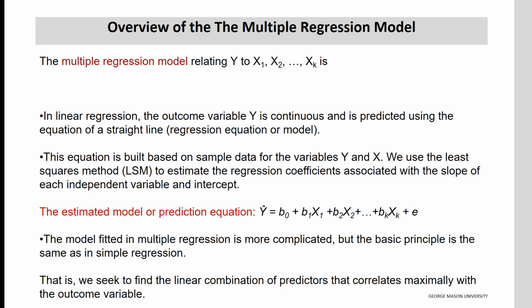And of course, E, which stands for residual, the amount of unexplained variance in the model. The model fitted in multiple regression is more complicated, but the basic principle is the same as in simple linear regression. That is, the goal is to find the linear combination of predictors that correlates maximally with the outcome variable.